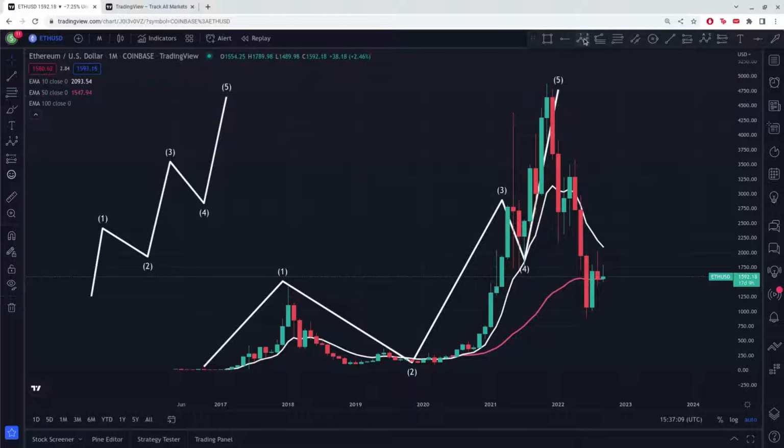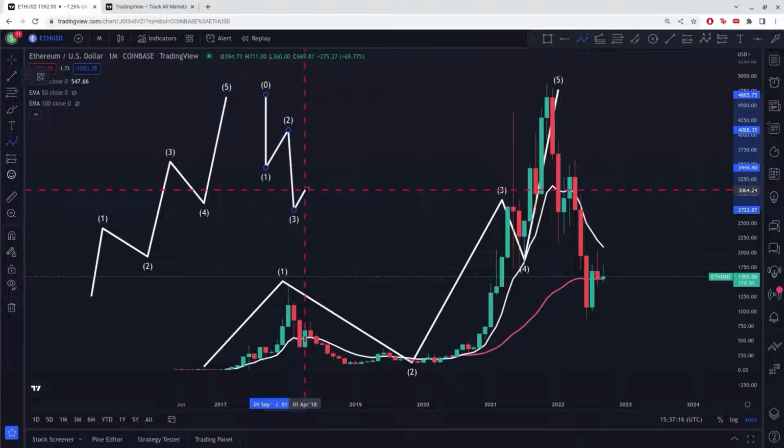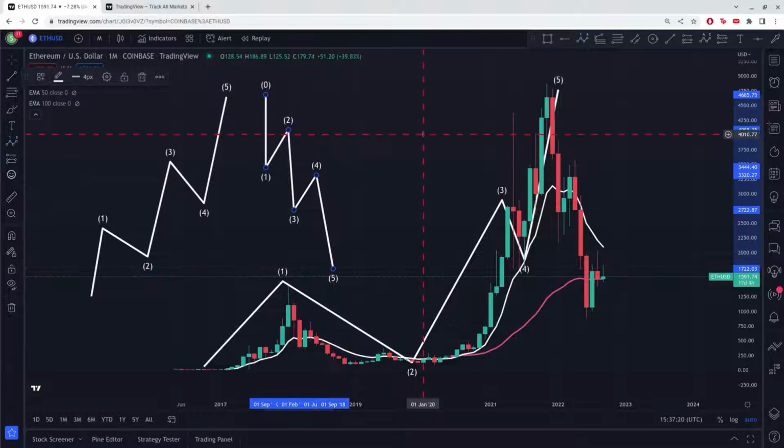A trend is the 5 wave pattern, so this is a new trend: 1, 2, 3, 4, 5.